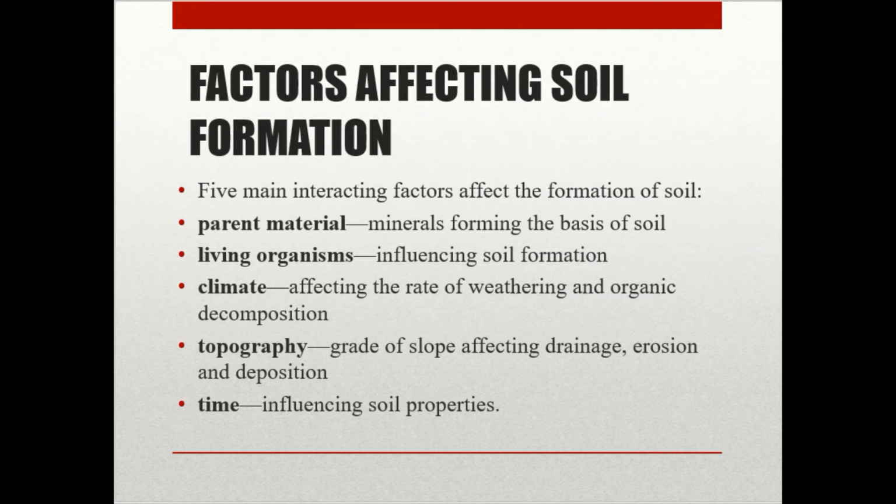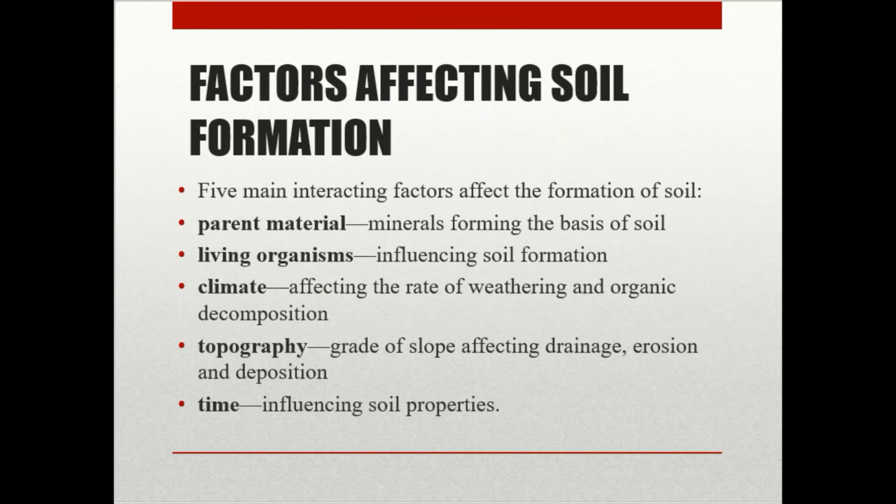Living organisms also influence soil formation. Climate: rate of weathering and organic decomposition is directly related to climate. Topography: grade of slope affects the drainage, erosion and deposition. That's why they work in formation of soil.